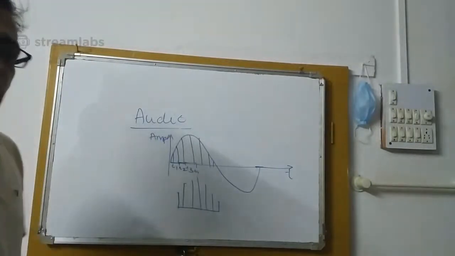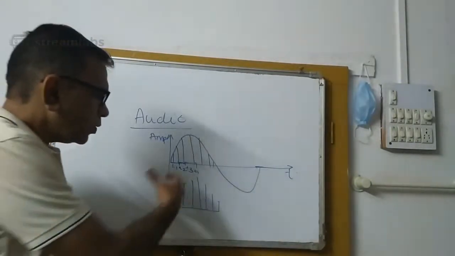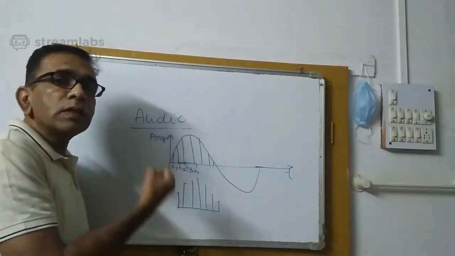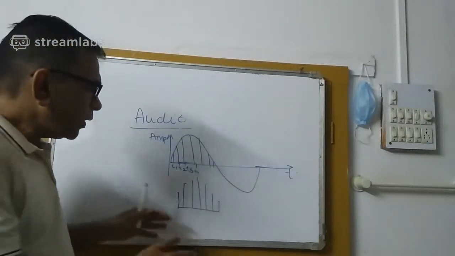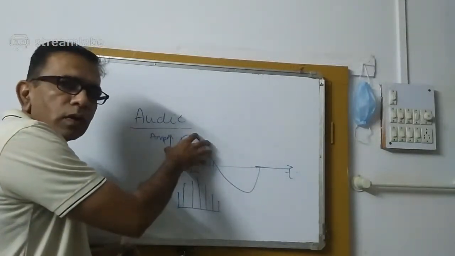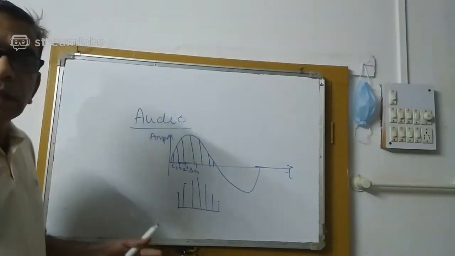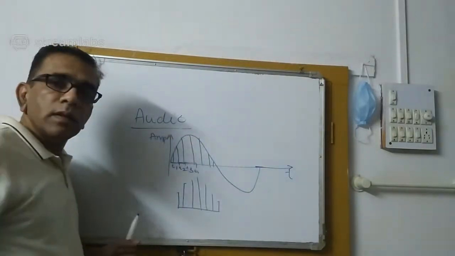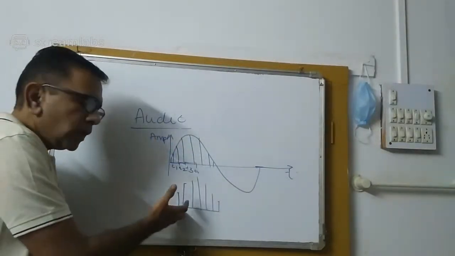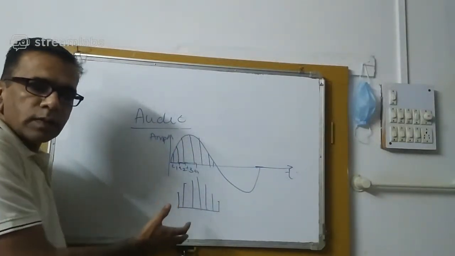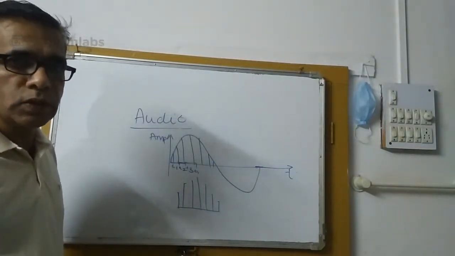Once you quantize these values, it is easy to represent them in digital form. So now, the signal which needed infinite bits to represent values, which is practically not possible, you have converted into a finite value representation in digital form.